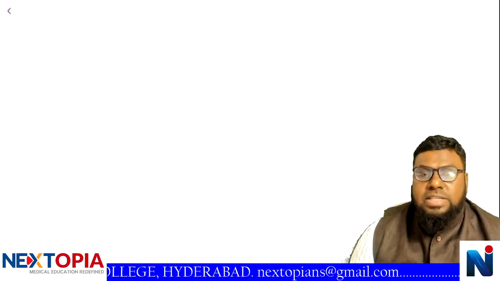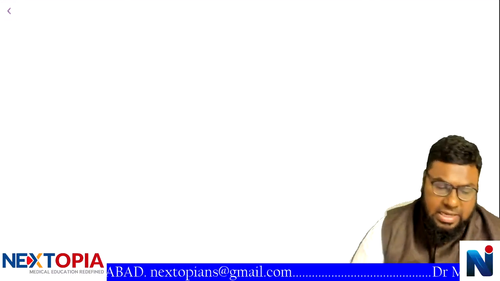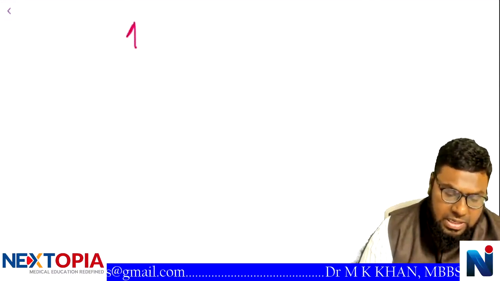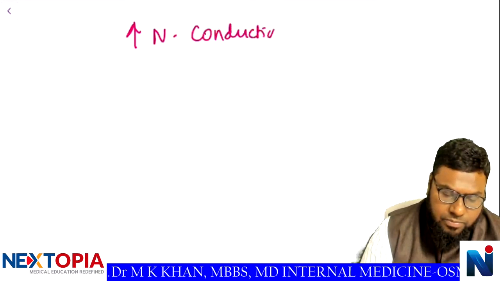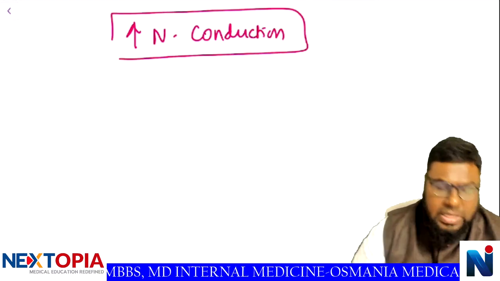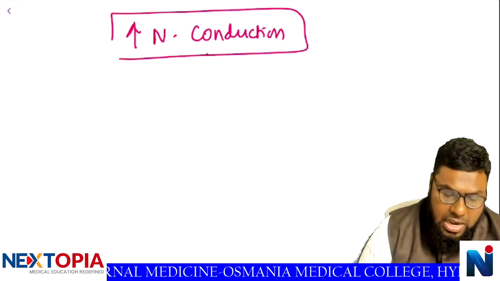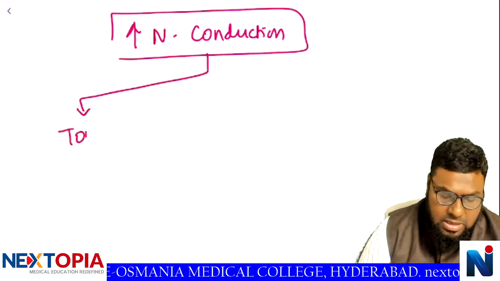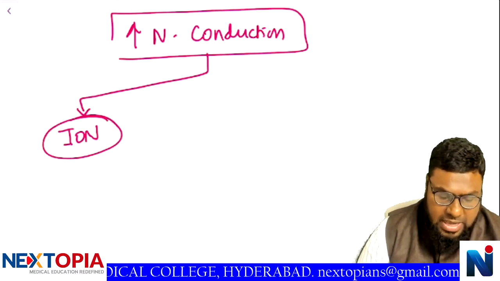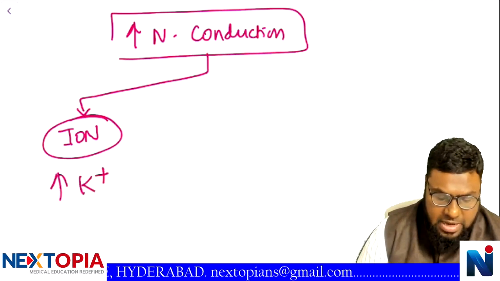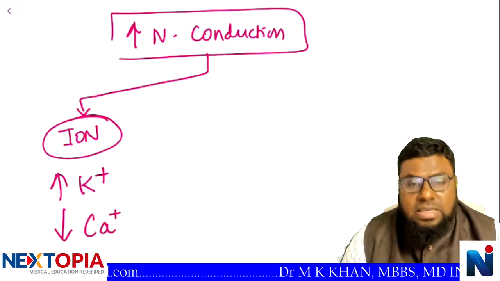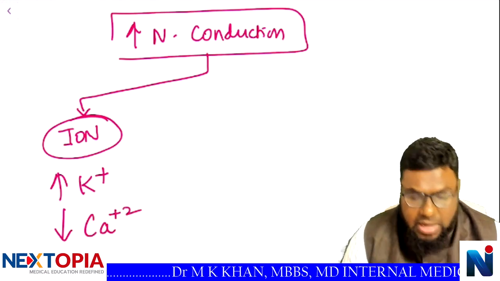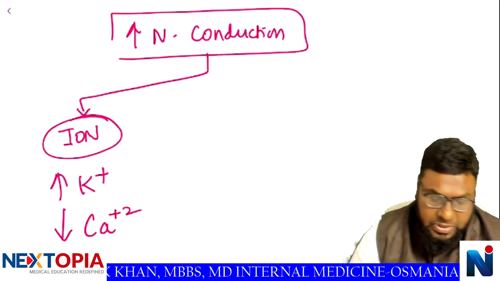Similarly, let us try to understand what conditions are involved in increased neuronal excitability or increased nerve conduction. Ion disturbances, as you have guessed, either hyperkalemia or hypocalcemia.